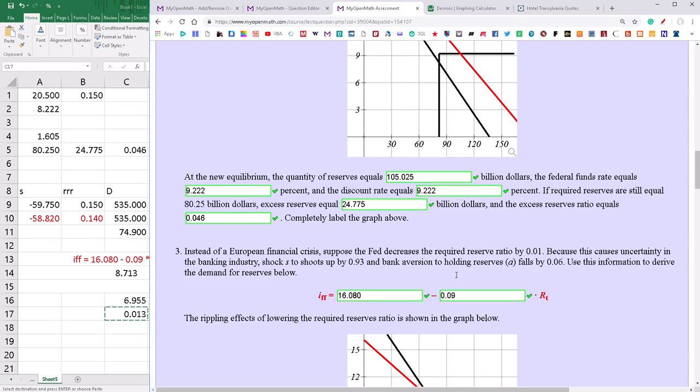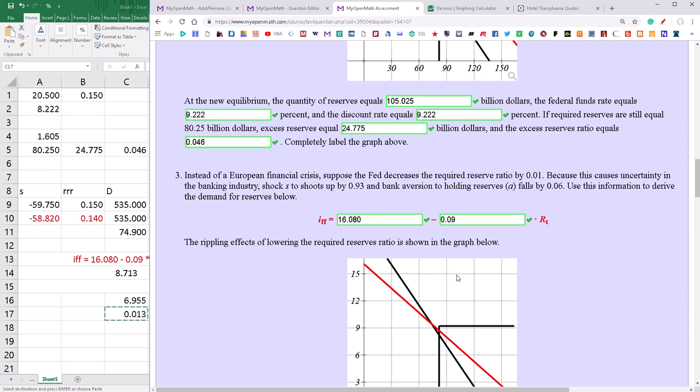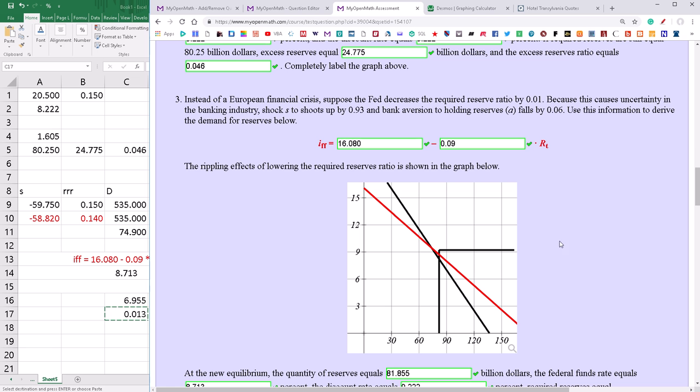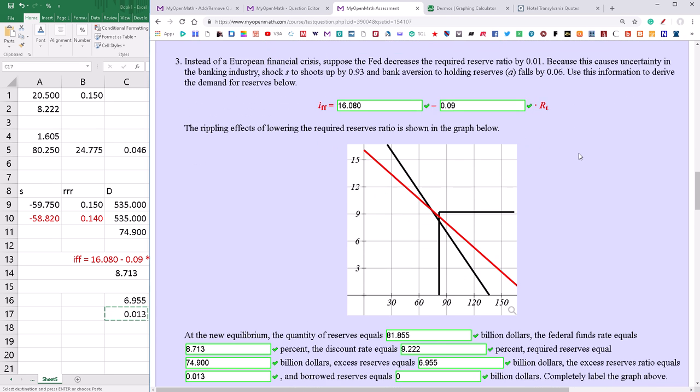Here, the Fed decreases the required reserves ratio, which kind of throws a kink into the system. Demand shifts in and then rotates counterclockwise. So that's what happens when the Fed decreases the required reserves ratio.